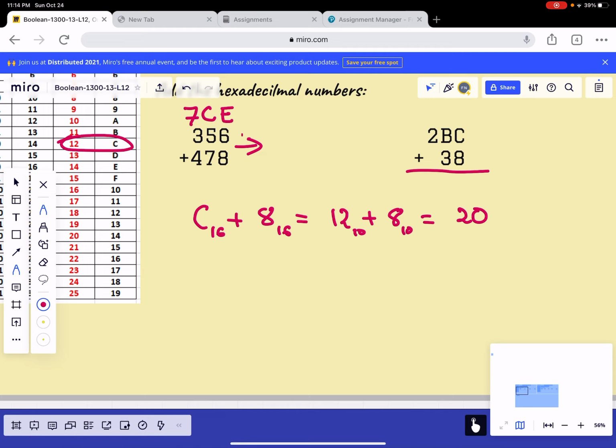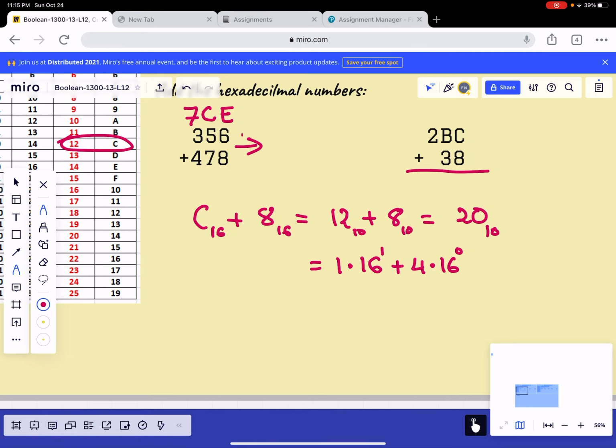All right, 20. Or I can write down 20 equal 1 times 16 to the 1 plus 4 times 16 to the power of 0.